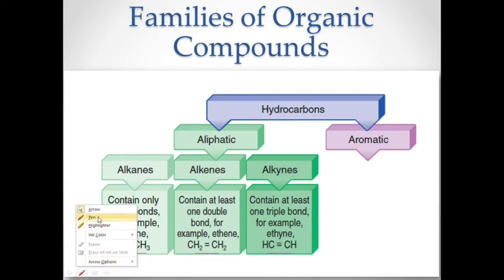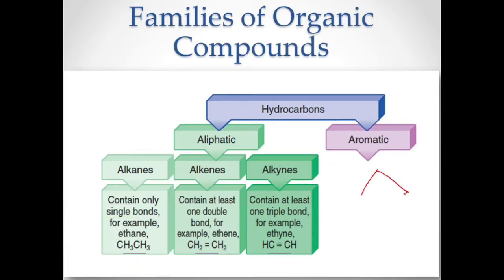Remember that it will only be aromatic if it contains a benzene ring or is a derivative of benzene. For aliphatic hydrocarbons, alkanes only contain carbon-to-carbon single bonds. Alkenes contain at least one carbon-to-carbon double bond, and alkynes, a triple bond.